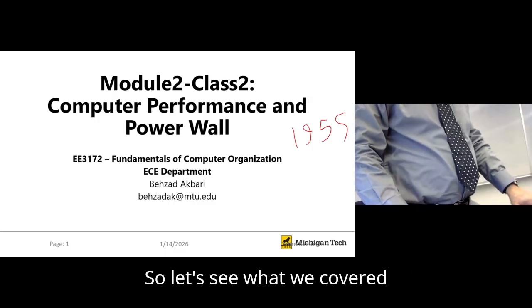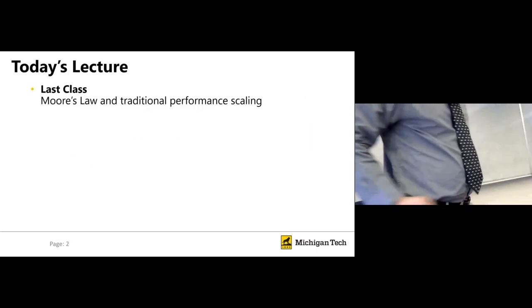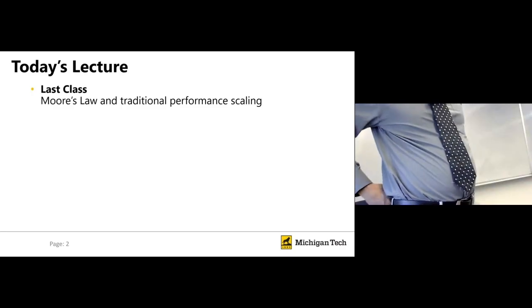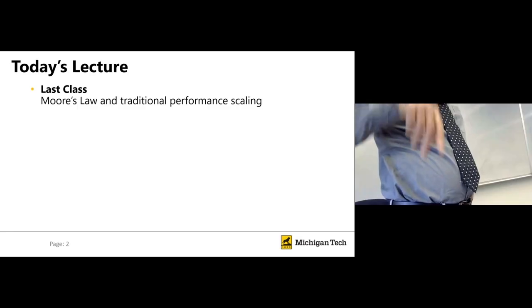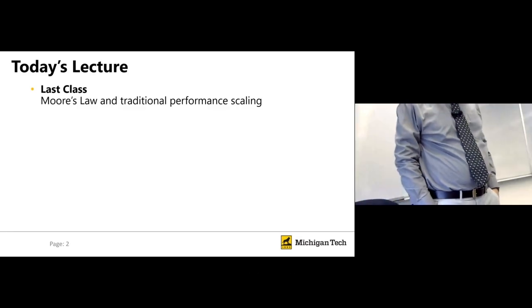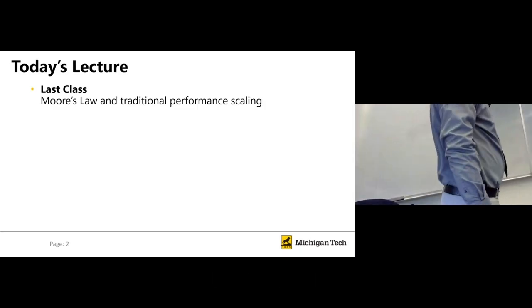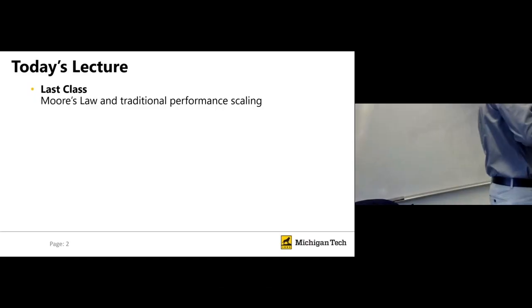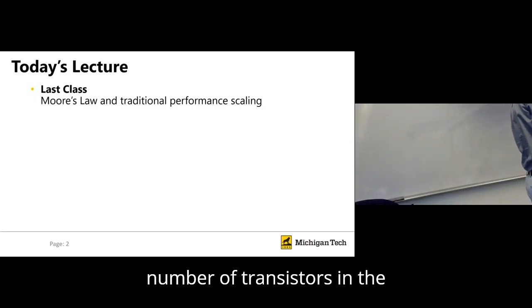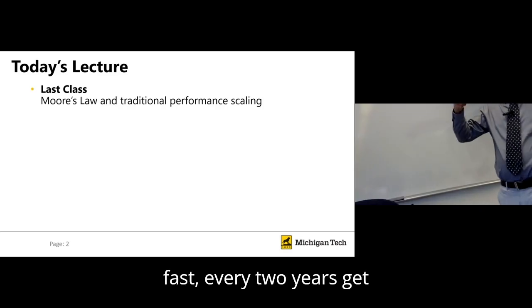So let's see what we covered last time. Last class, we were mostly talking about Moore's law, showing how the number of transistors in the chip is increasing very fast, doubling every 2 years.